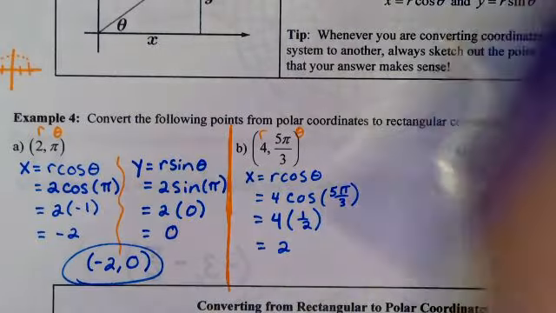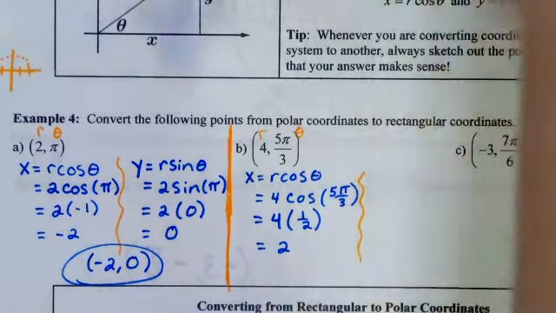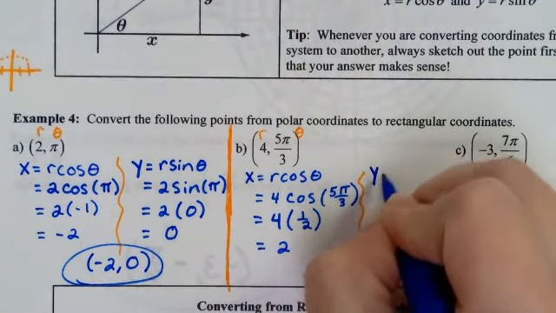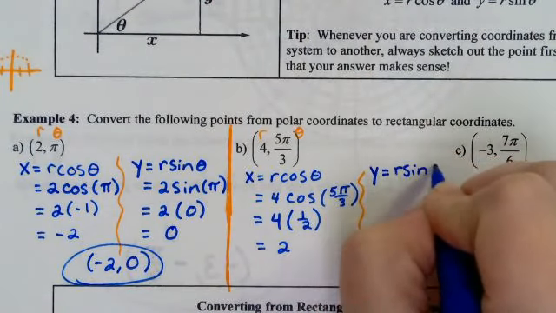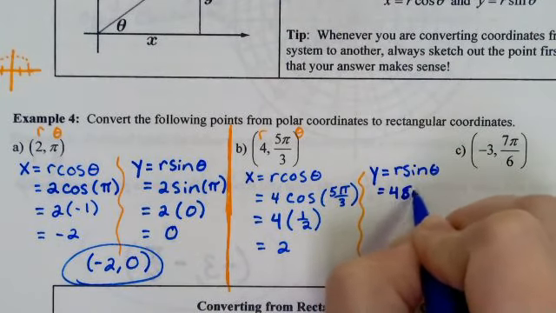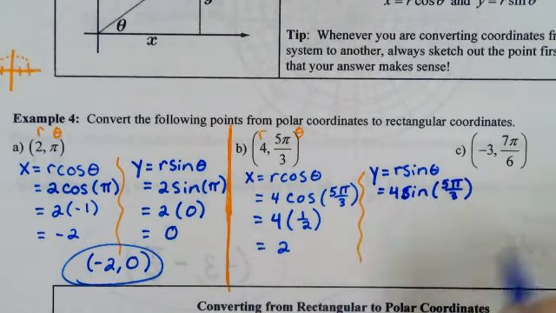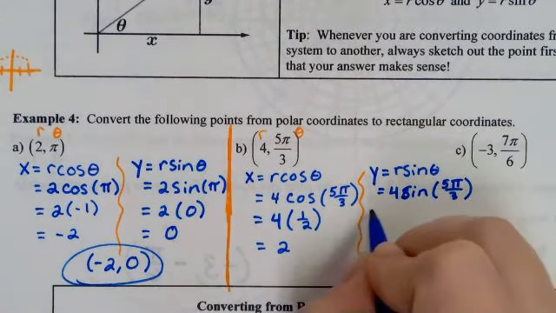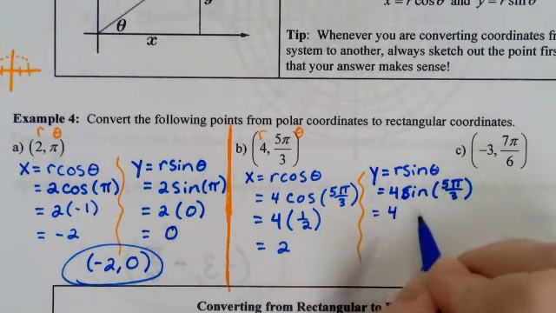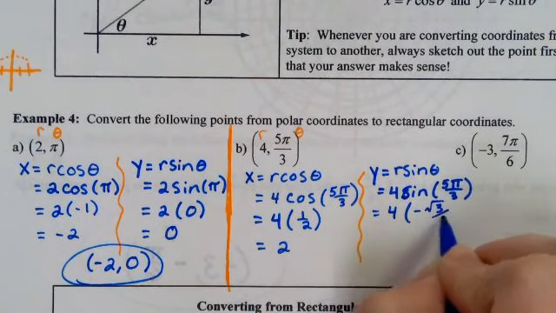Then I need my y coordinate, right? So we did the x, now we need y the same way, but use the other relationship. y equals r sine theta, so 4 times sine of 5 pi over 3. Now sine of 5 pi over 3 is negative square root 3 over 2.